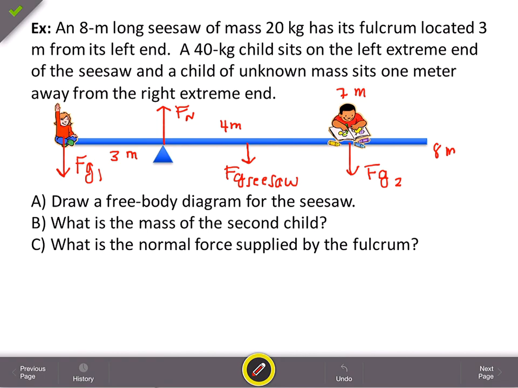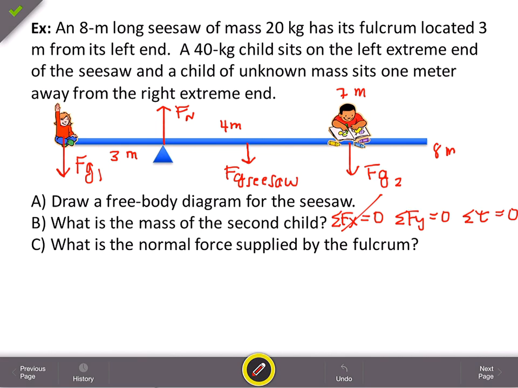So in order to find our unknowns here, we need to use our conditions for equilibrium, which say that the sum of the forces in the x direction has to equal 0, the sum of the forces in the y has to equal 0, and the sum of the torques has to equal 0. Here, the system isn't moving right and left at all, so I'm not really going to care about the sum of the forces in the x direction.